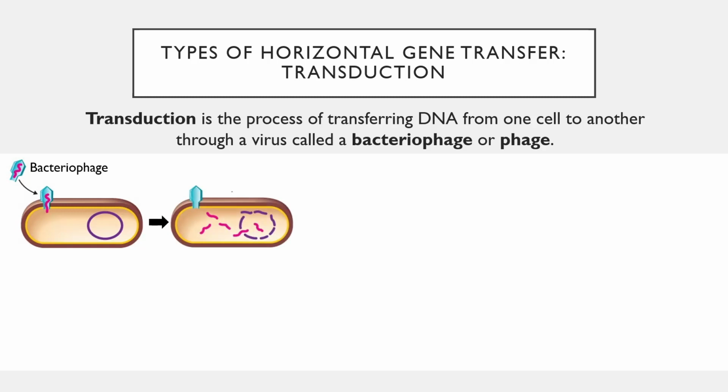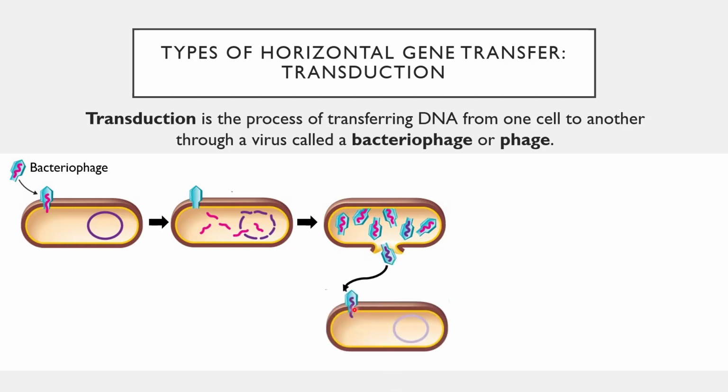We saw that temperate bacteriophages can perform the lysogenic cycle, integrating their DNA into the host cell chromosome, and then accidentally picking up pieces of the host cell's DNA before releasing new phages that go on to infect other cells and inadvertently deliver pieces of the previous cell's genetic information, which can become incorporated into new cells.